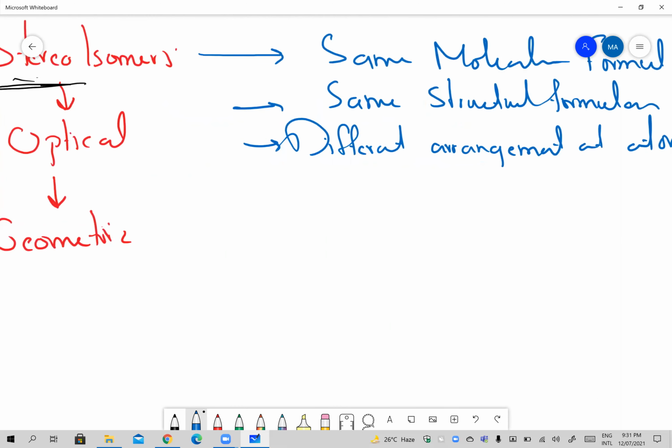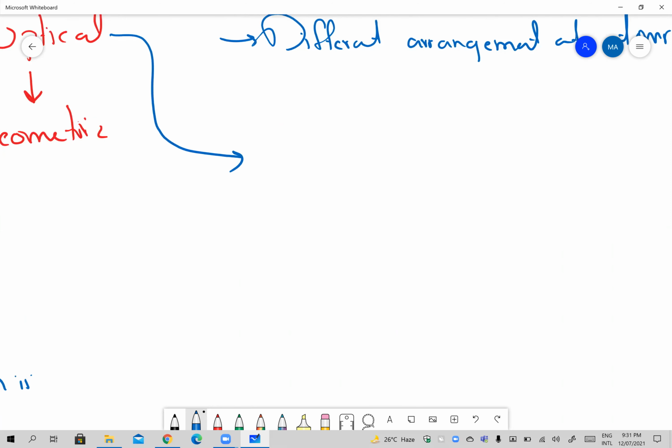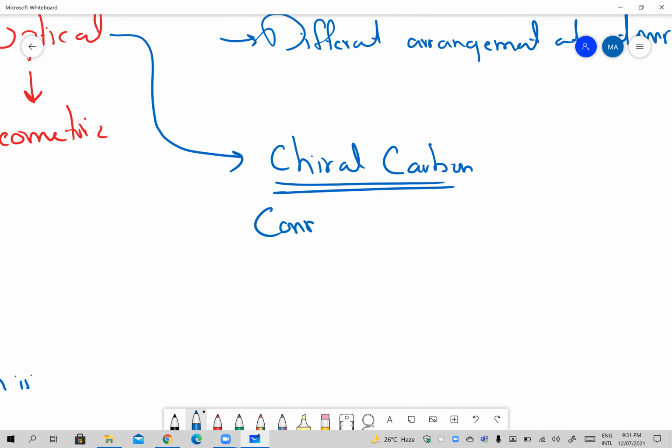Optical isomers are all those isomers having a chiral carbon. A chiral carbon is basically a carbon that's connected to 4 different single bonds. So chiral carbon, connected to 4 different single bonds.